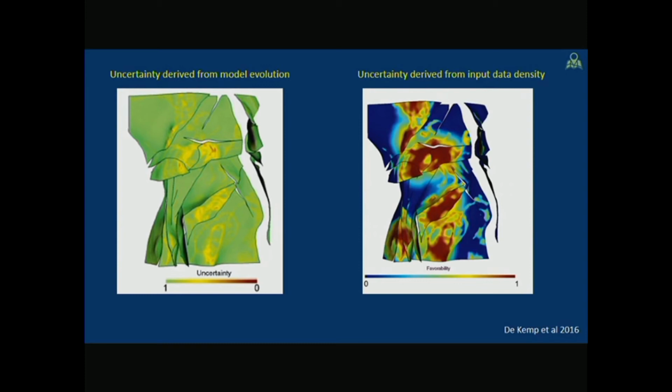But what's nice is that there's actually a pretty good correlation between the areas where we know what's going on and the favorability as defined by where we're close to the drill hole data and the outcrop information. And this is similar to some type of work that Alan has done in the past, looking at what is the actual amount of data we have in a field area that we can use, and therefore how sensible our interpretation is going to be.